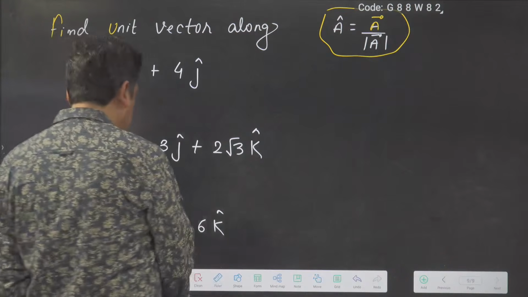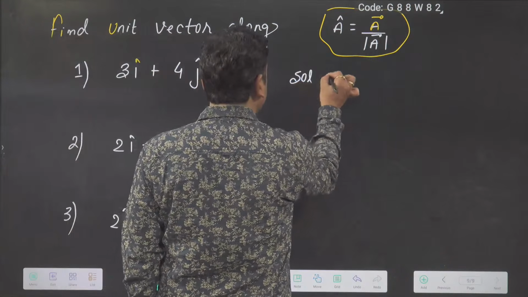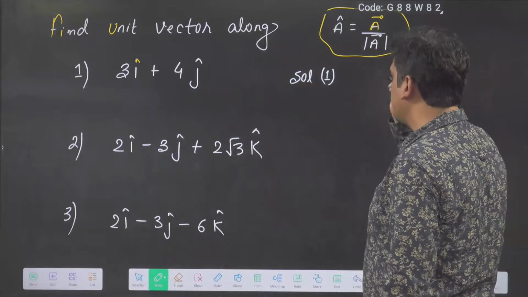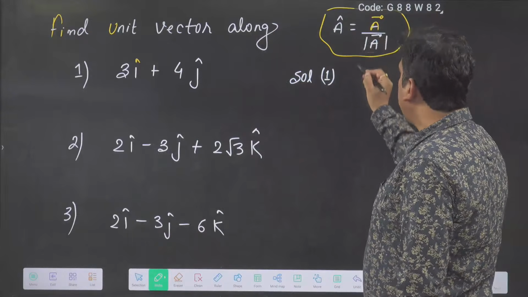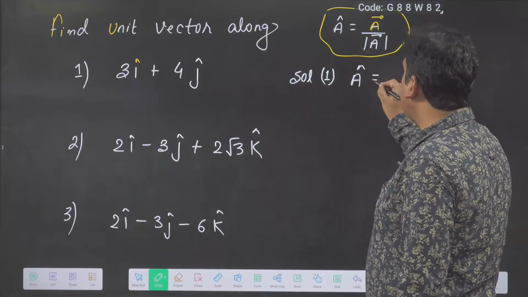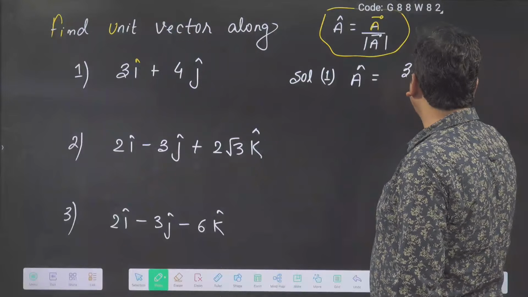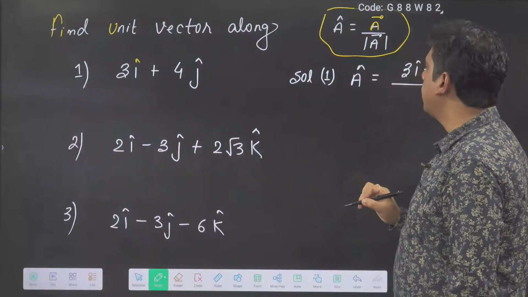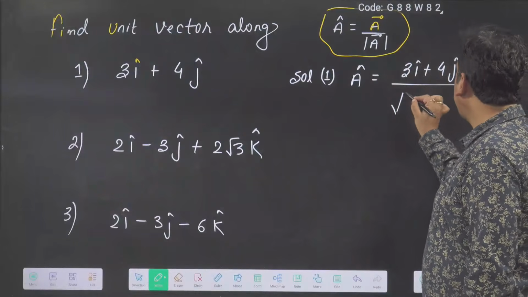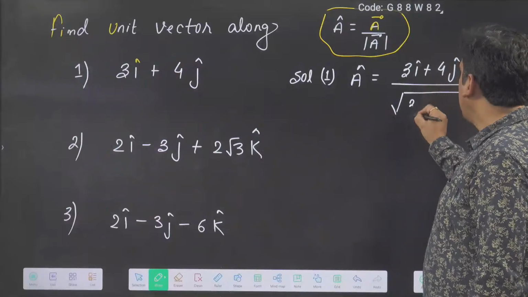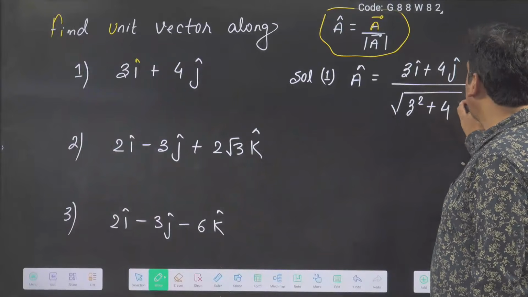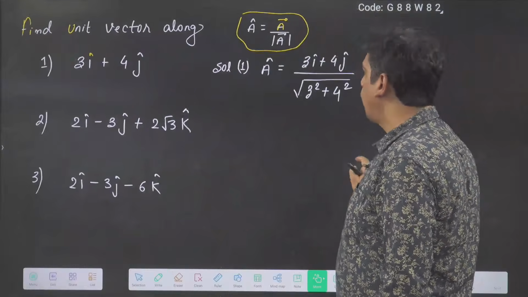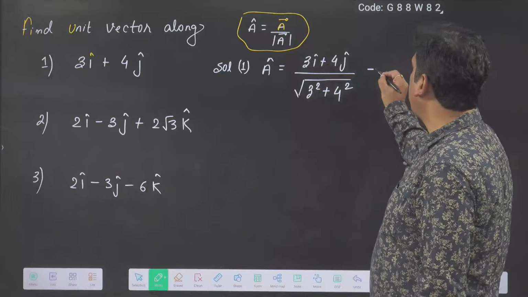First one, let me solve the first one. First one is simple. A cap will be defined as complete vector, which is 3i cap plus 4j cap, divided by its magnitude. Magnitude is under root 3 square plus 4 square, which is 5.